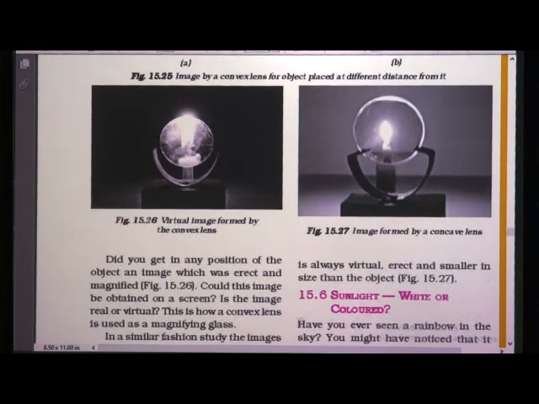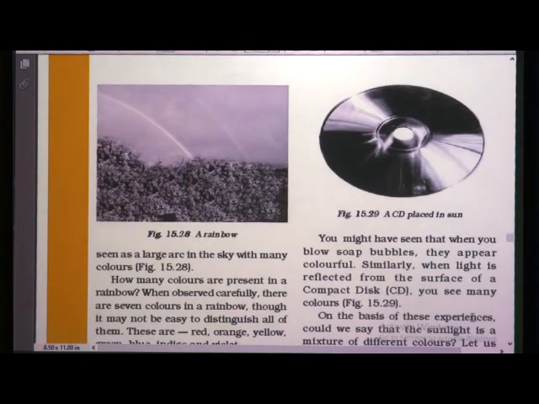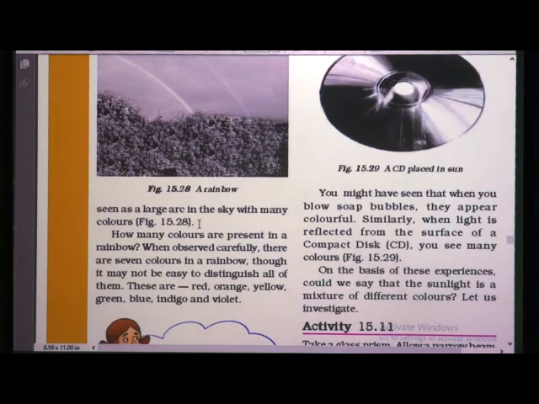Now the next one, sunlight, white or a color. Everyone has seen how a rainbow looks. You might have noticed that a rainbow in the sky appears usually after the rain, when the sun is low in the sky, and it is seen as a large arc in the sky with many colors.